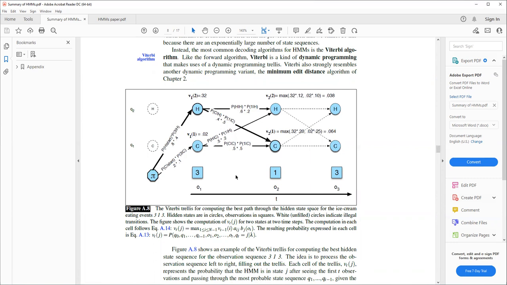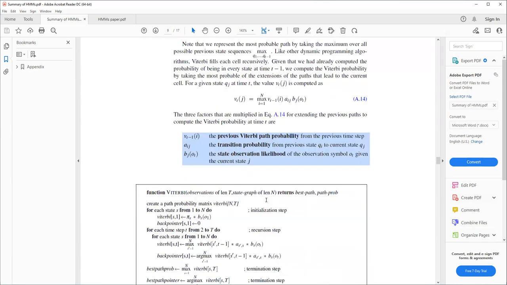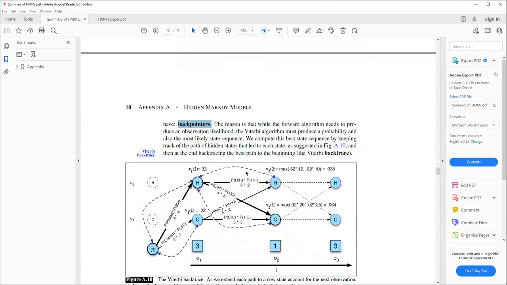The second thing is that for this case, you can either select the maximum after calculating all paths, that is the brute force method, or you can for each of these values calculate the v variable, and from this v variable calculate the next v variable. However, remember to always include the backtracking arrow with you at each step.